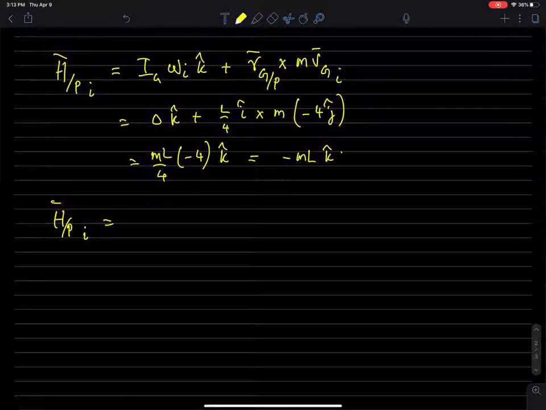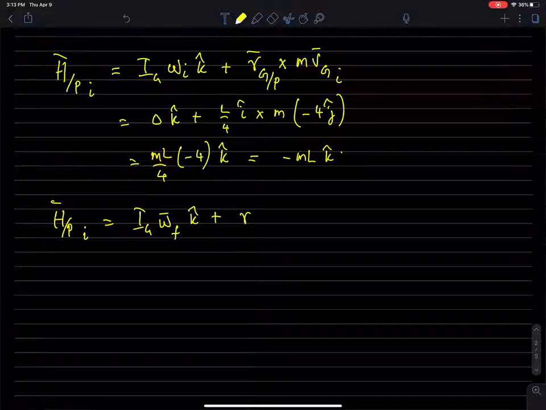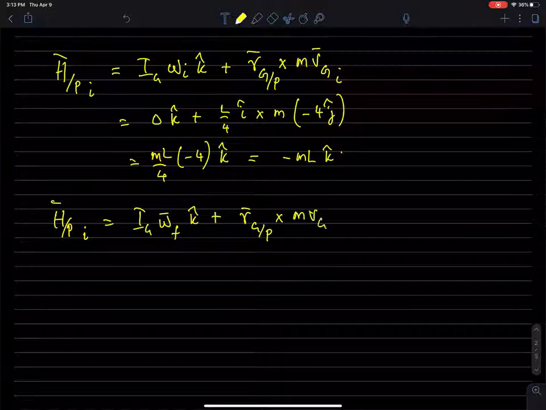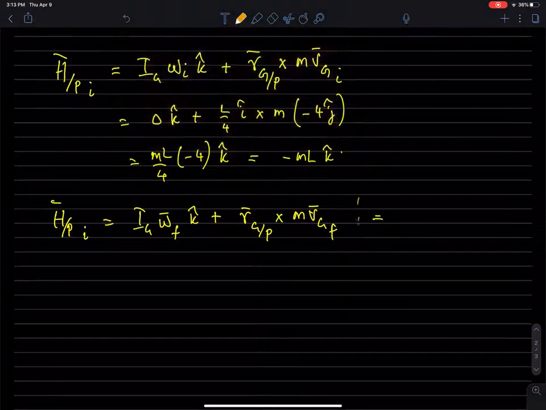It's going to be equal to Ig omega final k plus R G with respect to P cross m vG final. So let's just use this formula. Let's do this in two different ways, and you'll get the same answer.